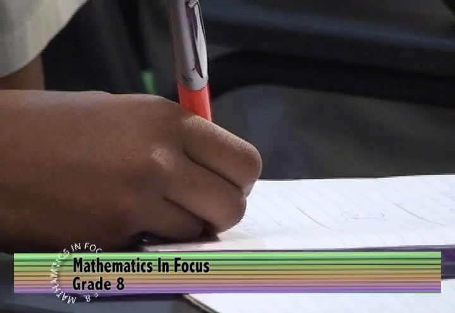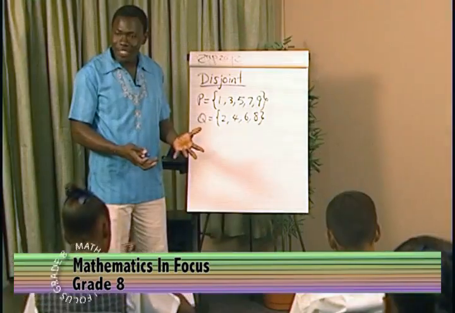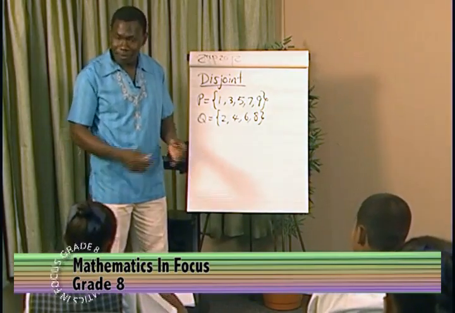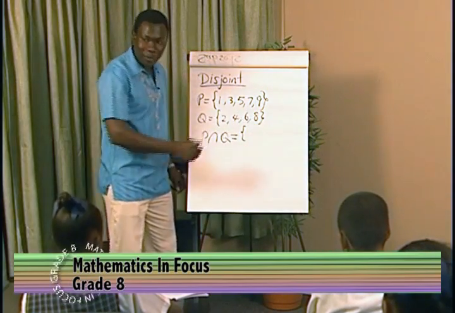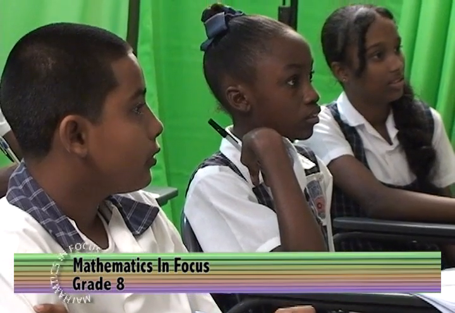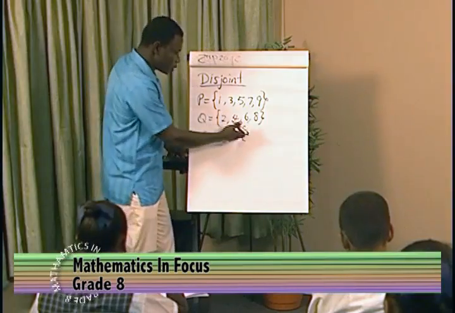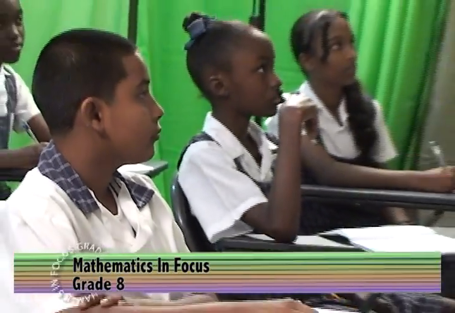We have the set P and Q. So now we're going to list the set P intersect Q. P intersect Q will therefore be equal to the set of, what are the elements we put in there? Are there any elements to go in there? No, sir. So we open these curly brackets and then close them back to denote that there is nothing inside. All right?